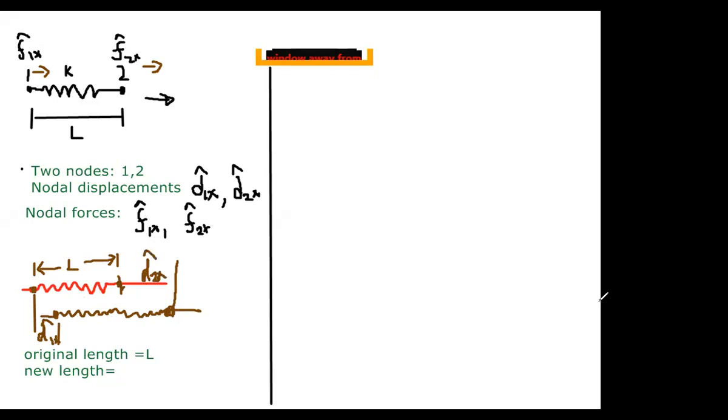Now what's the original length? The original length is L. What's the new length? If you add on d2x hat minus d1x hat, that will be my new length. So the new length will be L minus d1x hat plus d2x hat.